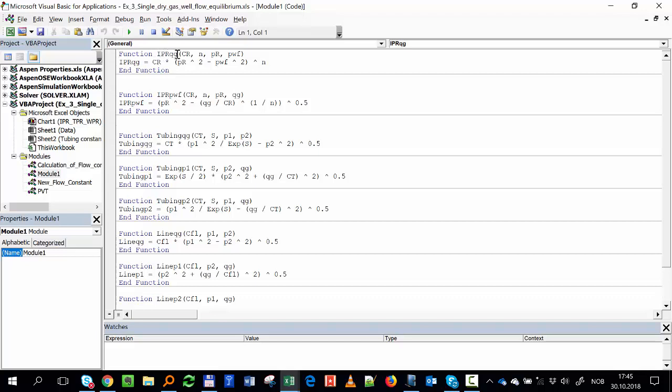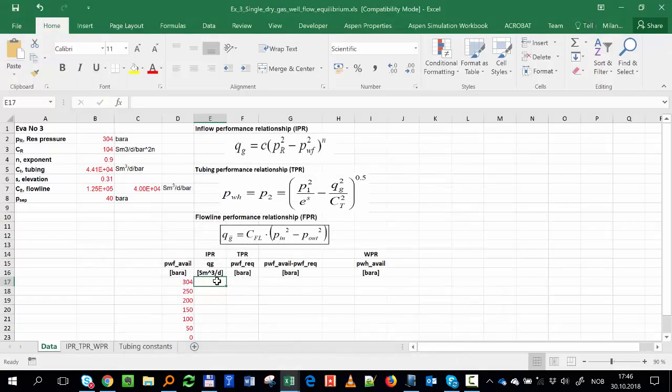IPR QG means that's the IPR equation that will give you the rate. That's the one we want to use. And I have another equation, IPR PWF, which gives you the pressure if you give the rate. That's the one that we might have an issue with because of this minus here. So let's use the first equation, IPR QG.